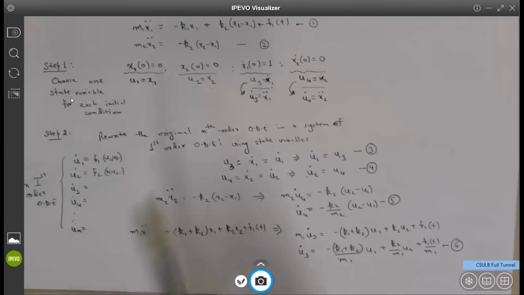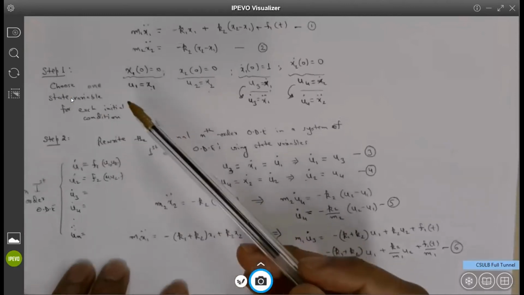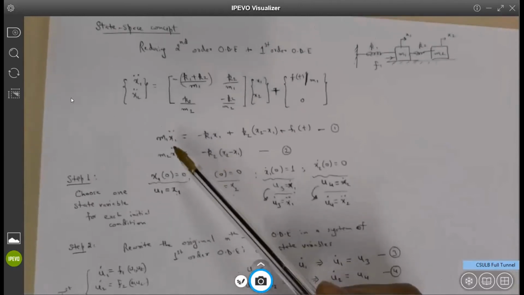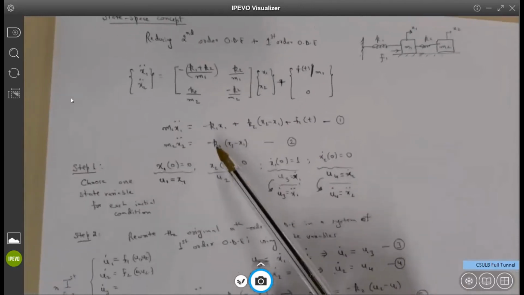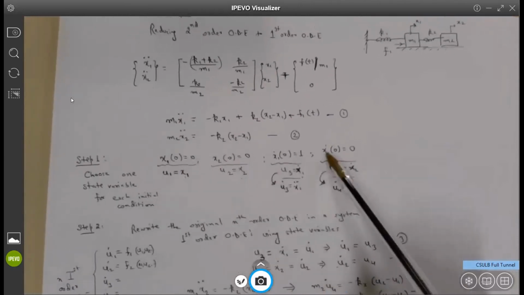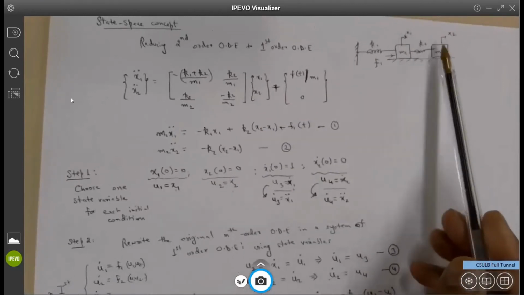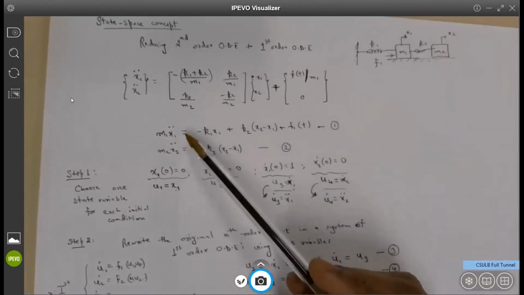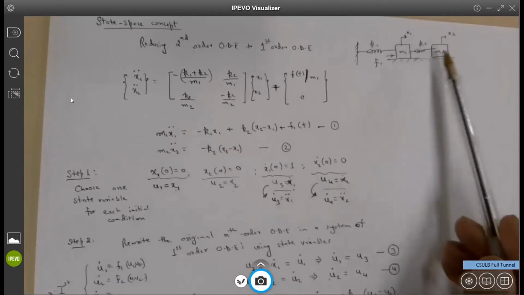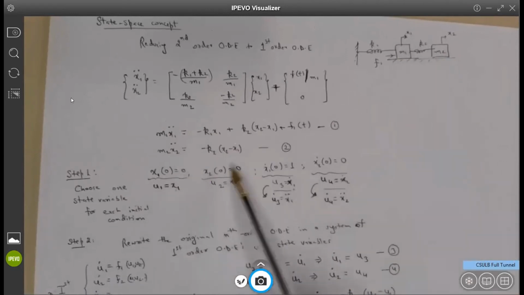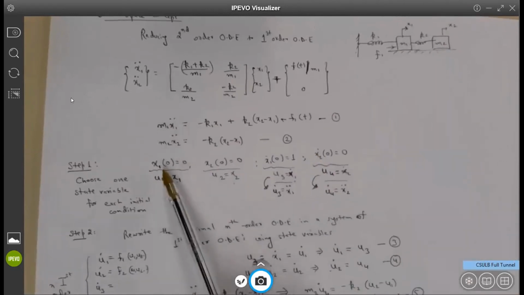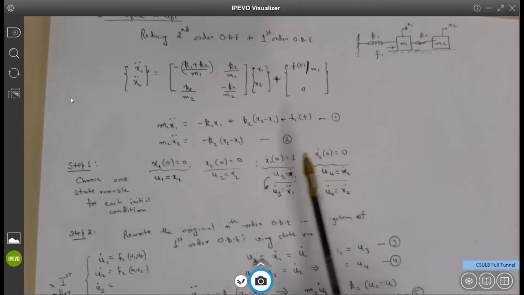Okay. So recapping what we are saying. We have this original second order differential equation. We have 4 initial conditions because we have 2 variables here and each one of them has a second order differential equation, so we need 2 initial conditions for each of these variables. For each of these initial conditions, I select one state variable.